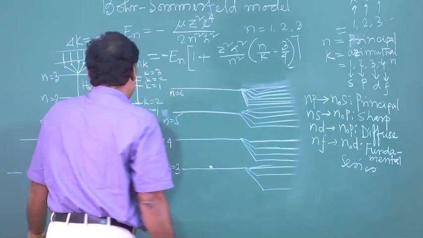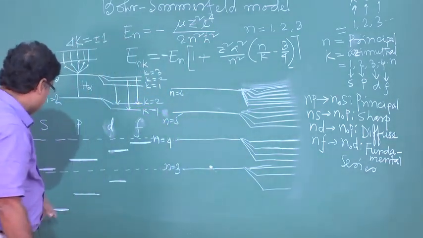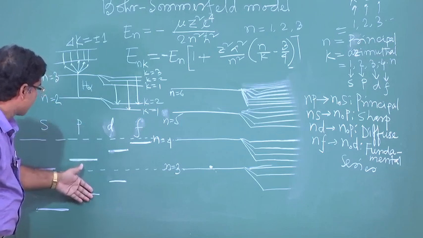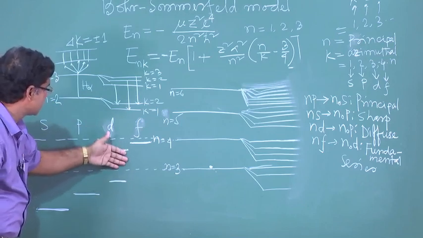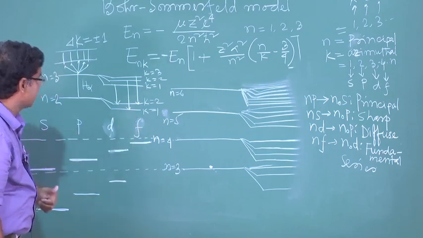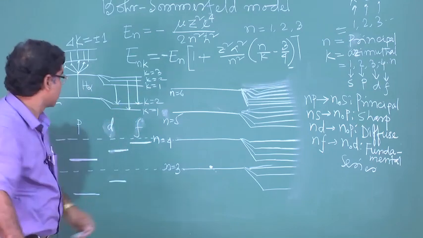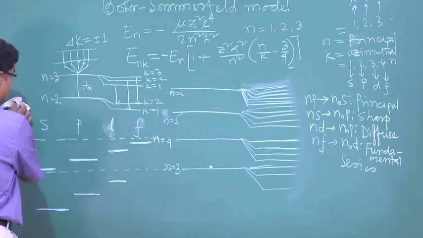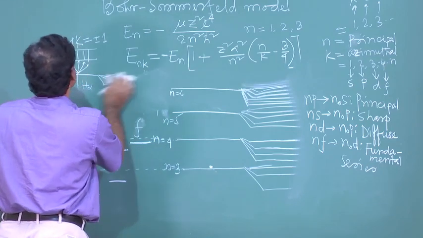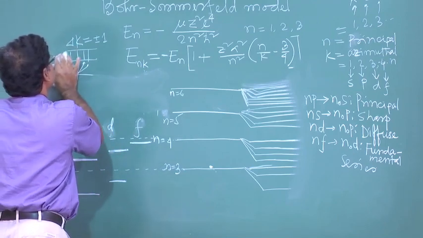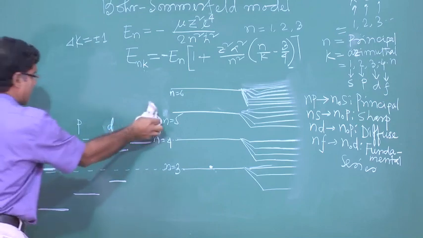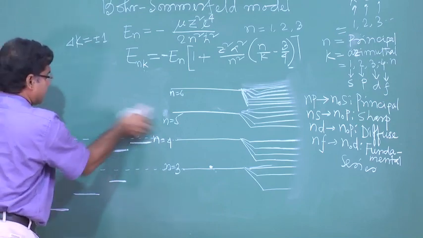Okay. And all the lines here are P levels, here all are D energy levels, here F energy levels. Okay. So, I should draw more to show the series. I will write later on.